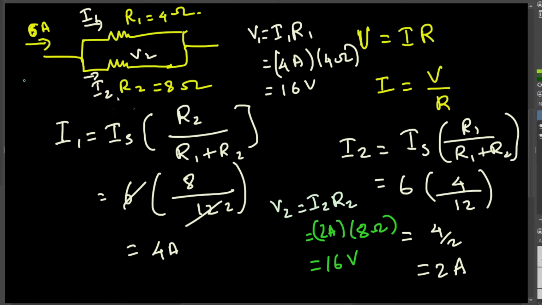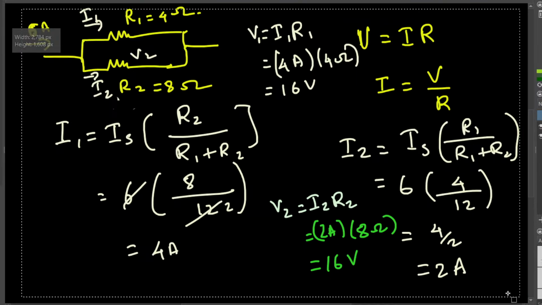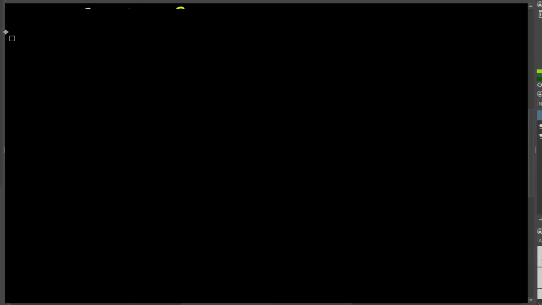Now let's look at another problem. I'm going to go ahead and erase this one. So we have seen we can apply the current source when we have two resistors in series. What if we have 3 resistors in series?